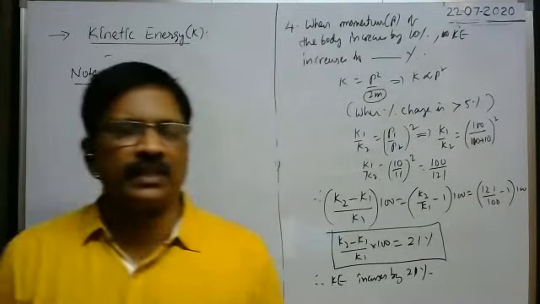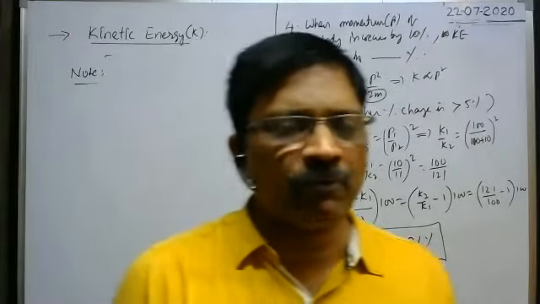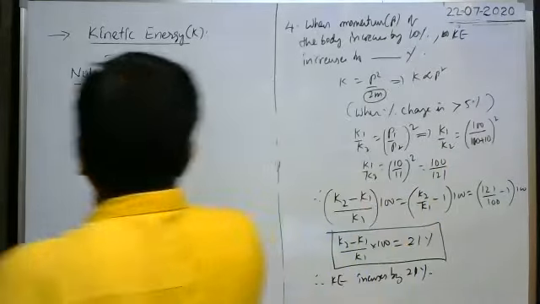Suppose the percentage change in momentum is less than 5%, in such case how can we do?